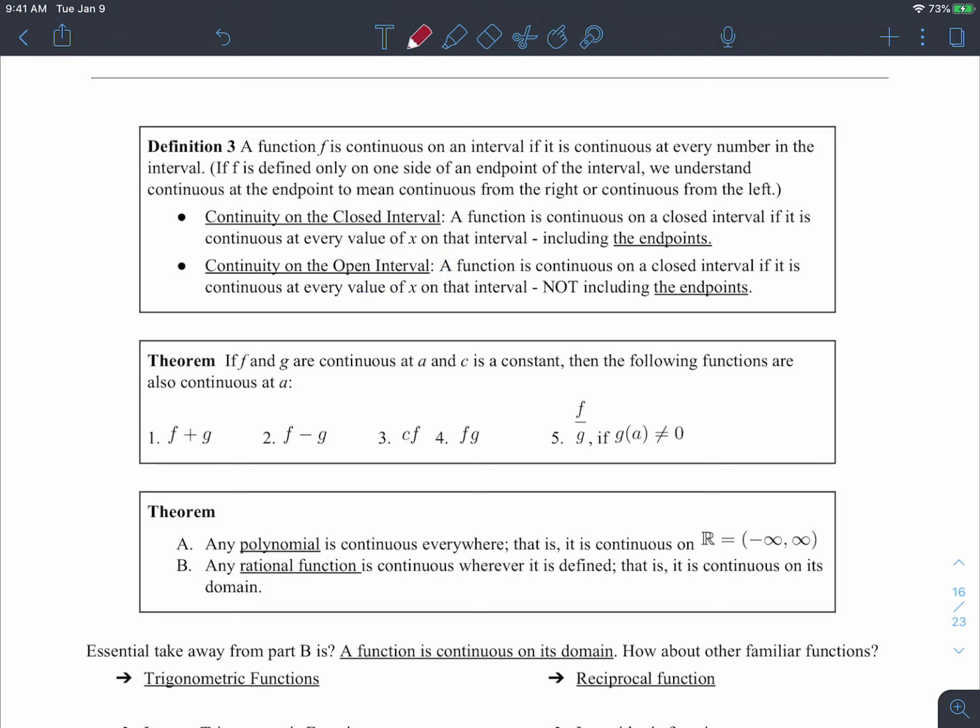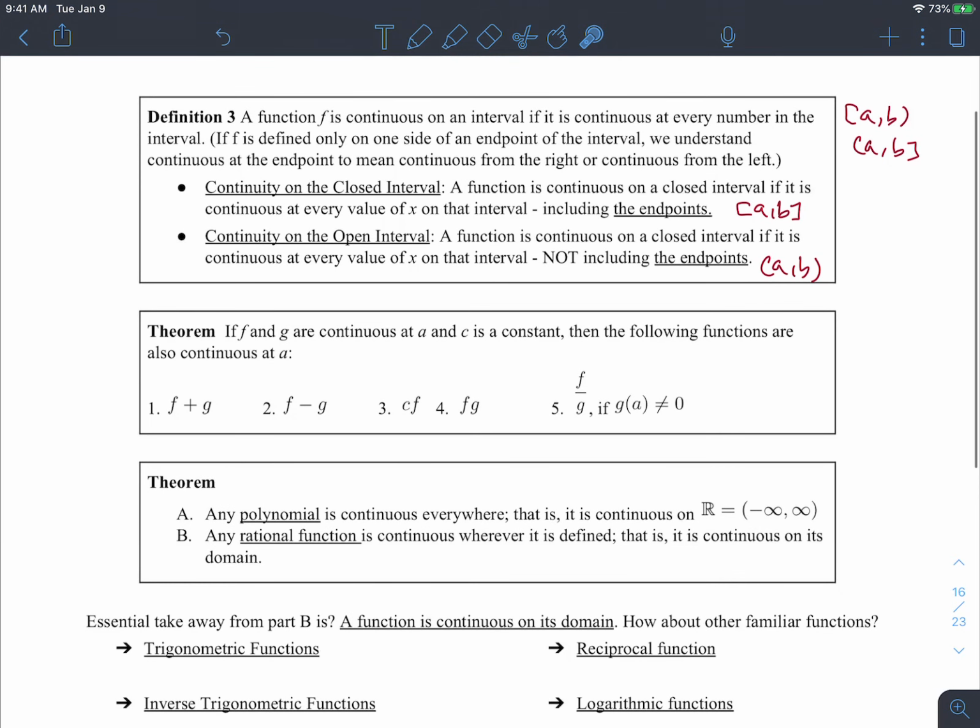So an example of this might be, that's the closed interval, and that is the open interval (a, b). Okay. And earlier we were talking about maybe it's to the left or to the right. So whenever there's a bracket, we include that endpoint.